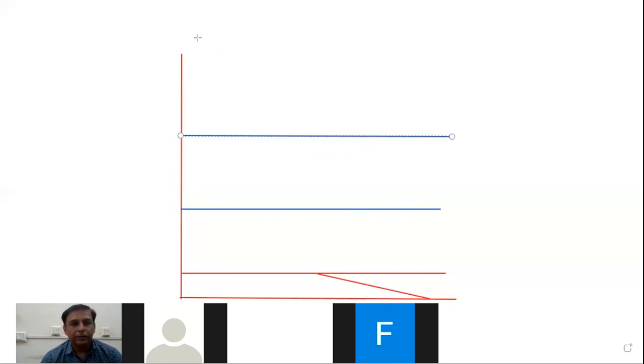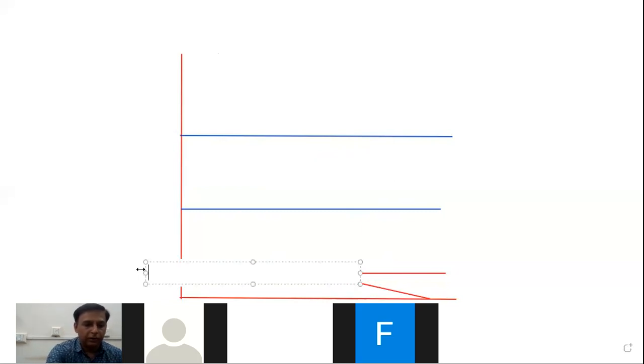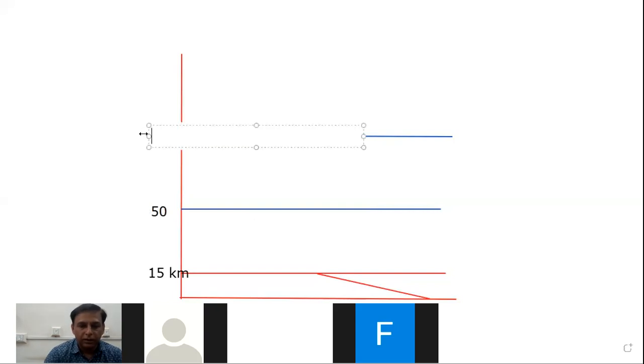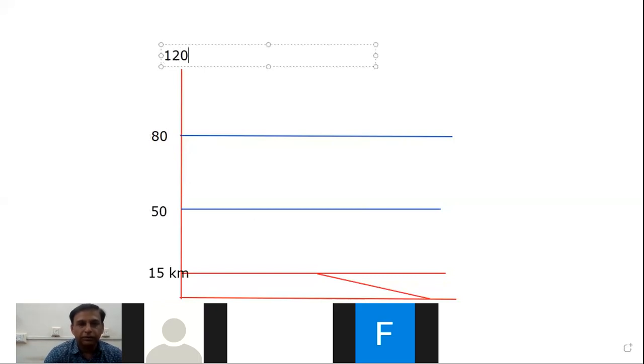Okay, so this one is 15 kilometers almost, this one is at 50 kilometers almost, this one is at 80 kilometers almost, and this one at the end is at 120 kilometers almost.